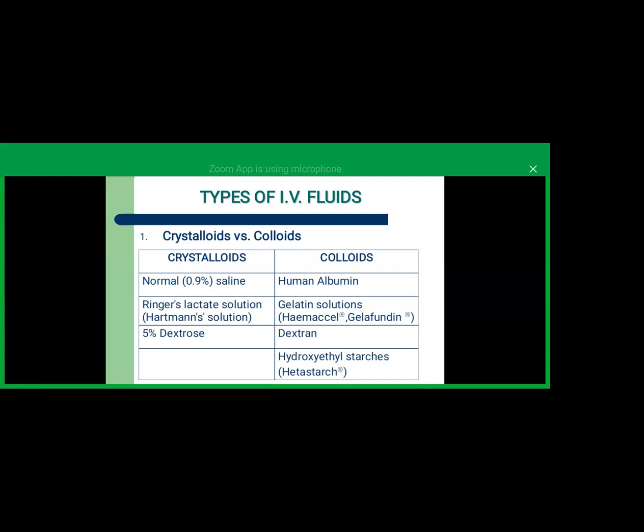So human albumin is a typical example of a colloid. It's a thick fluid with a lot of protein, and the form of protein there is albumin. A patient with features of hypoproteinemia is who we give human albumin.